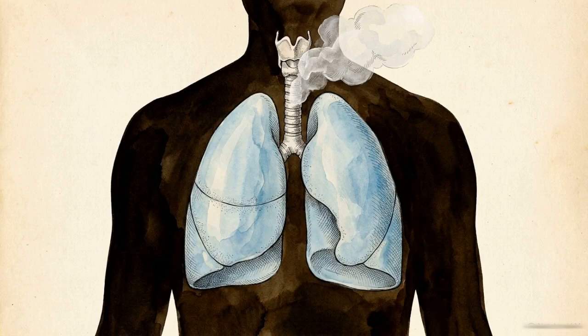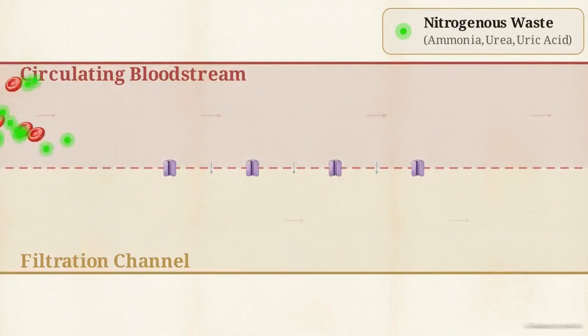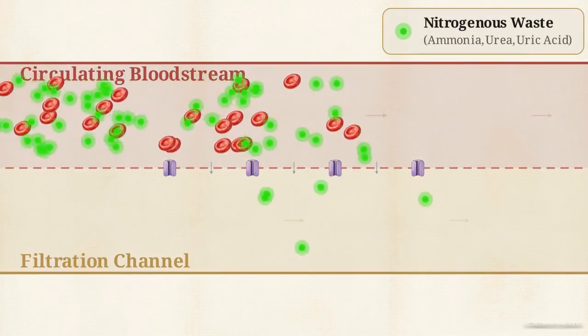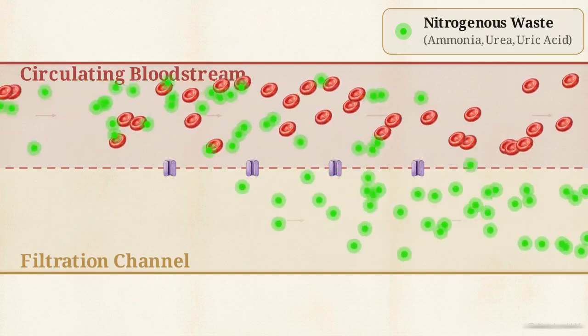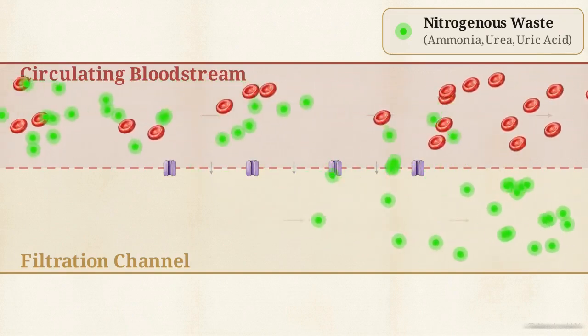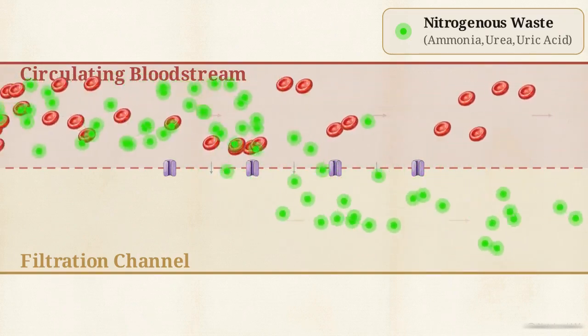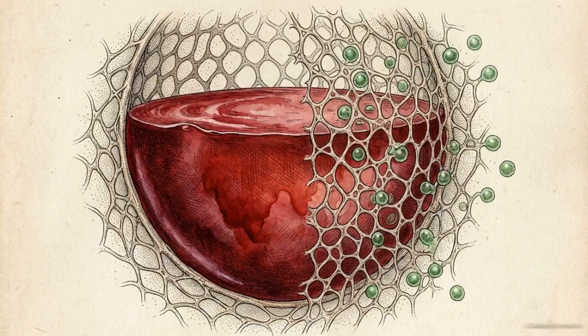The respiratory system also acts as an exit point, but the lungs are exclusively engineered to expel a single gaseous byproduct, carbon dioxide. The excretory system has a distinctly specialized purpose. It extracts dissolved nitrogenous wastes, specifically ammonia, urea, and uric acid, directly out of the circulating bloodstream. Pulling dissolved toxins out of liquid blood without removing the liquid itself is a highly specific chemical task, demanding an entirely distinct organ architecture.